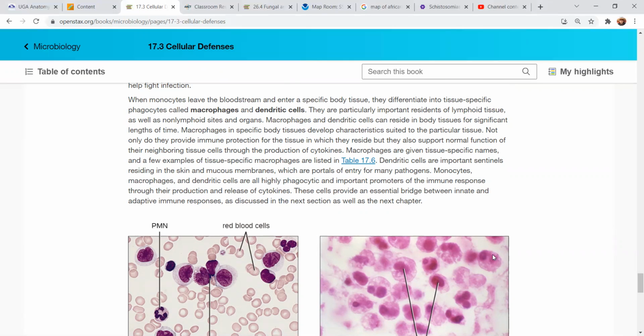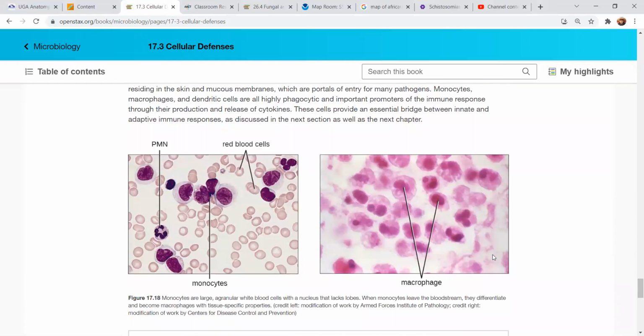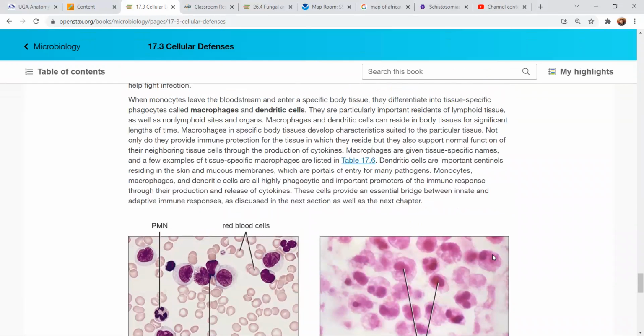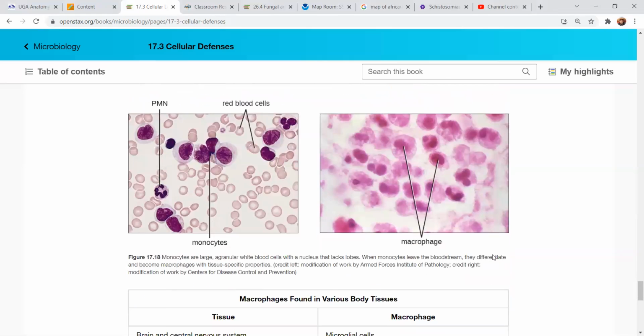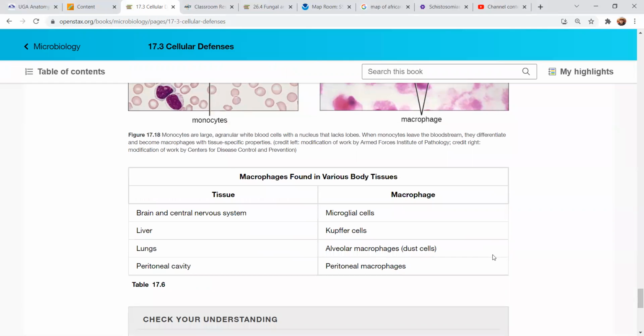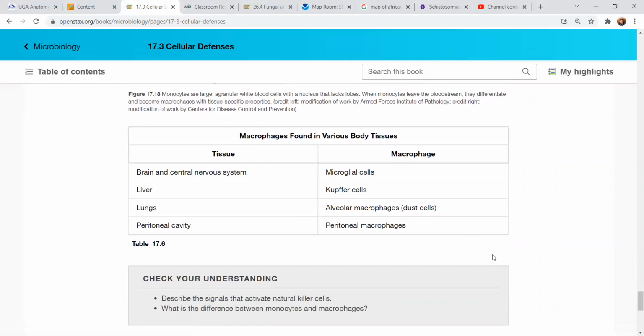They are going to look for cells that are damaged. They're going to look for pathogens that don't belong, and they're going to go in and ingest those. Dendritic cells are in the skin and the mucous membranes, and they're basically on the lookout for any invader that comes in there.